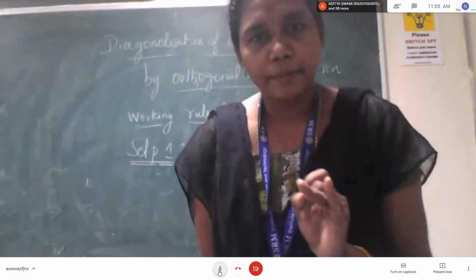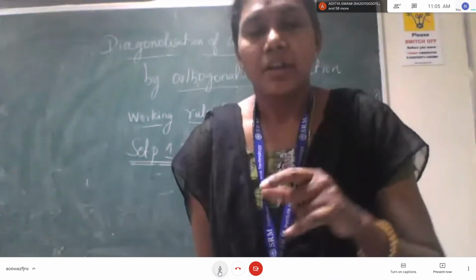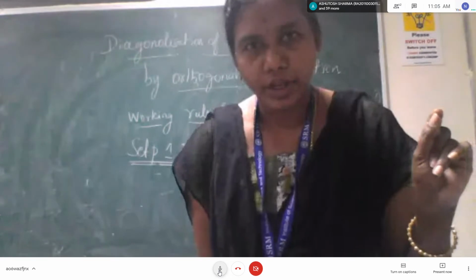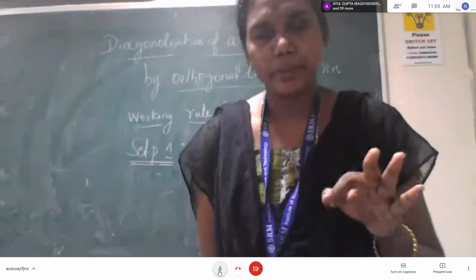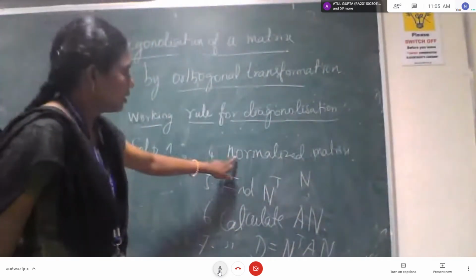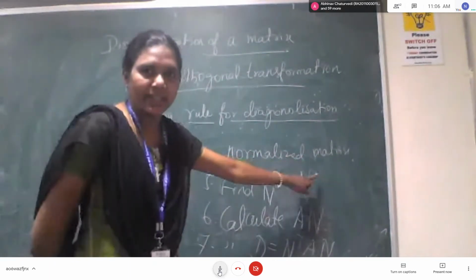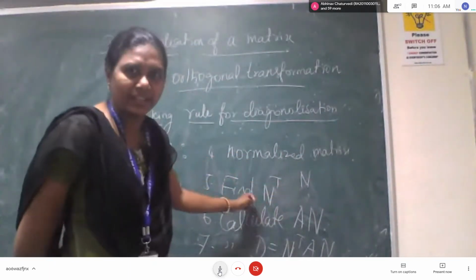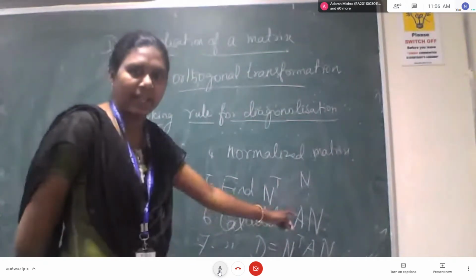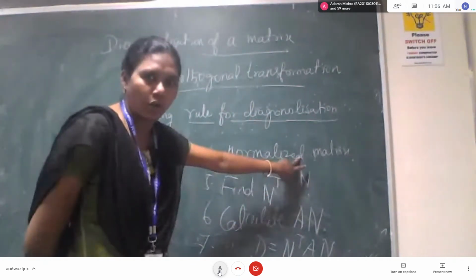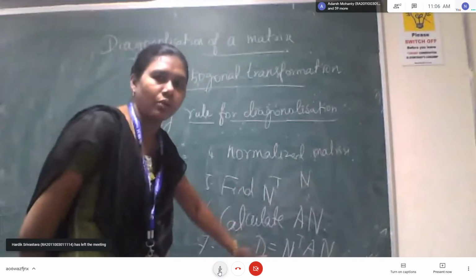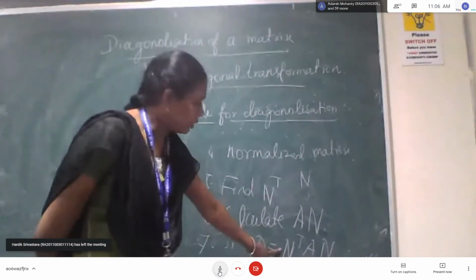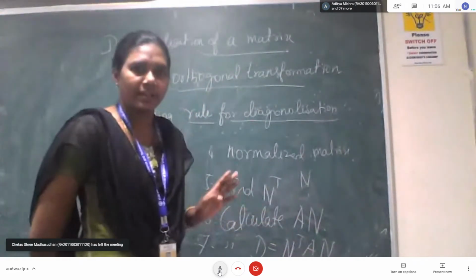In step 3, find the eigenvector for each eigenvalue. Then form the normalized matrix N and find N transpose. Then calculate the given matrix into the normalized matrix. Finally, we write the diagonalization matrix D equal to N transpose into AN.